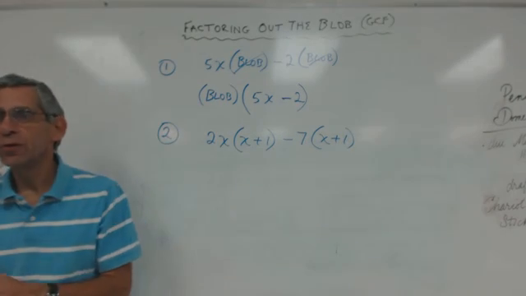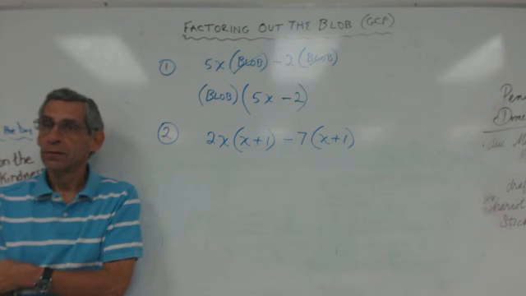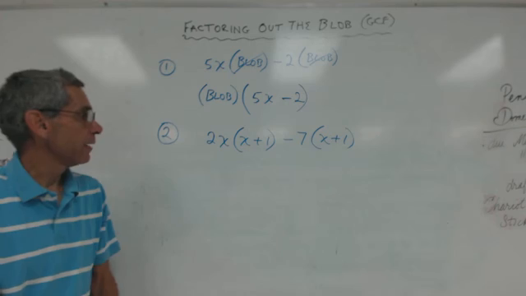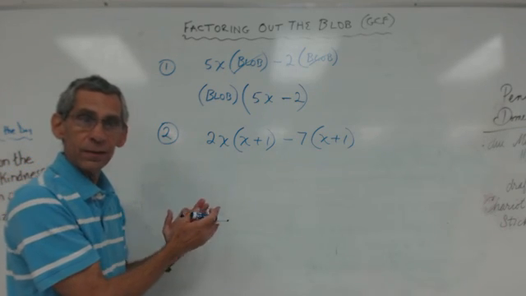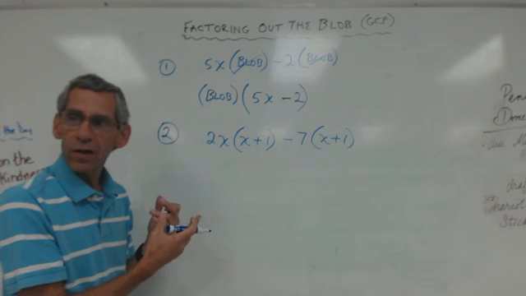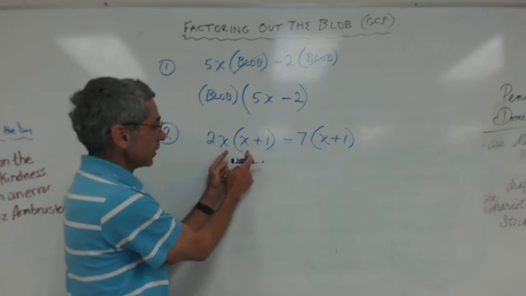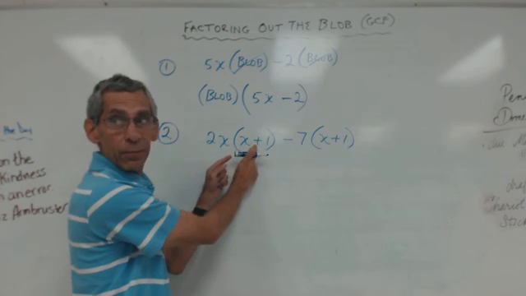Now, it's up to you to see the blob. I think the blob is the x plus 1. And notice the blob is in parentheses, right? That's why I call it a blob, because it's more than one term. You've got an x and then a 1, and it's separated by a plus sign.